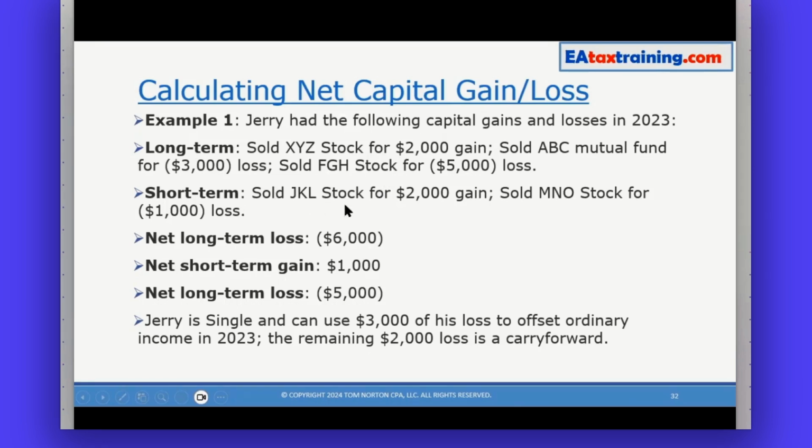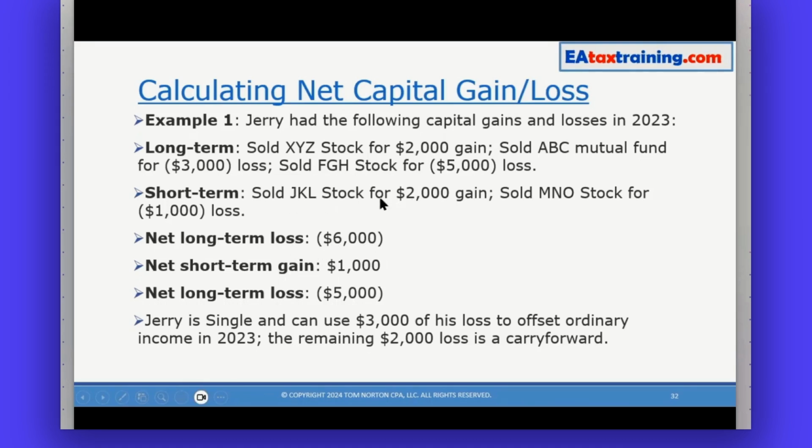Then he had short term, he sold JKL stock for a $2,000 gain and MNO stock for a $1,000 loss. So his net long-term loss, he had a $2,000 gain, a $3,000 loss, and a $5,000 loss. So that's $8,000 in losses, $2,000 gain. So that is a $6,000 net long-term capital loss.